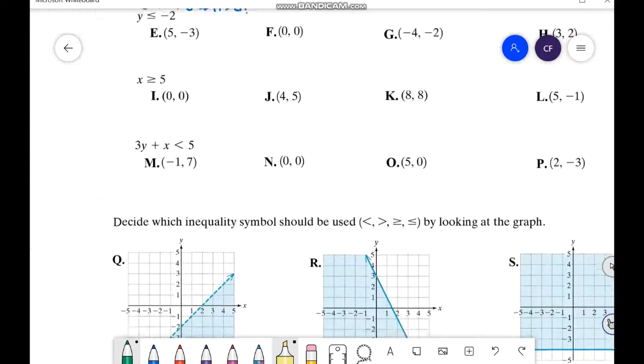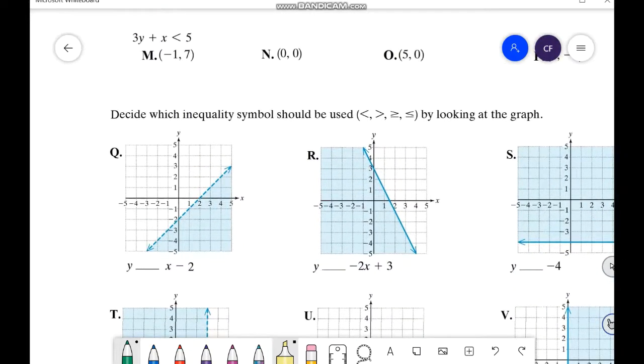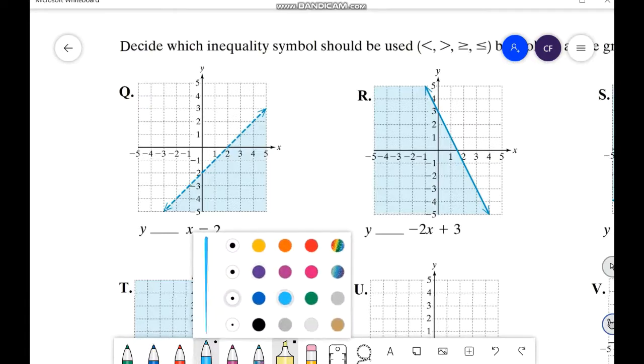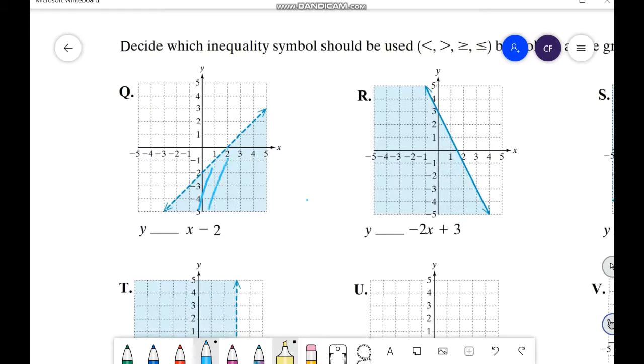The next part is even easier. The next part, you just have to type the right inequality sign. The first thing you have to check is the shaded area.